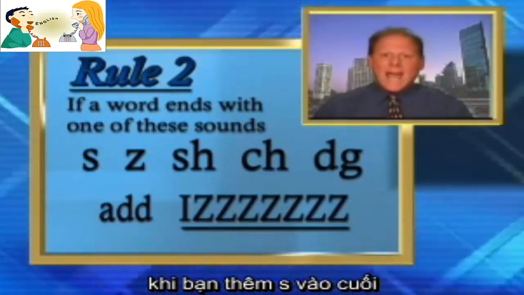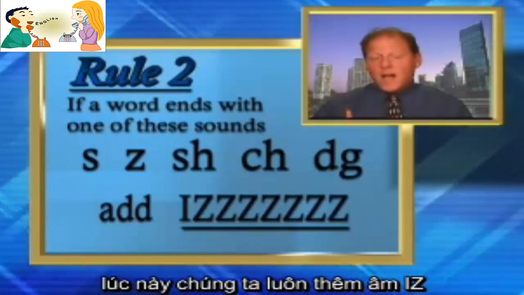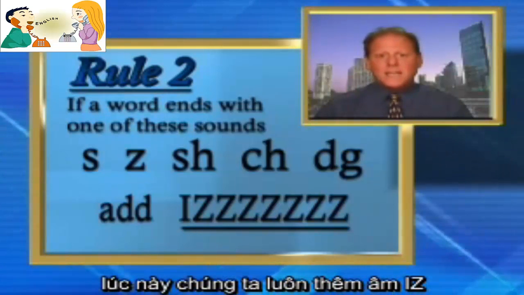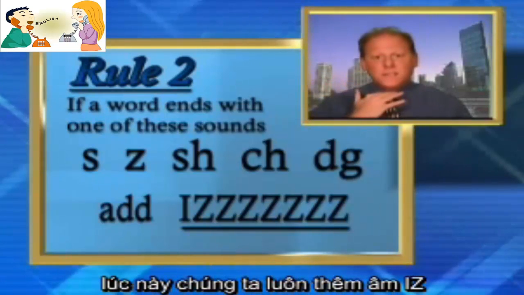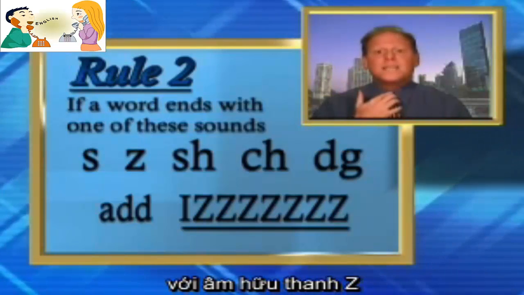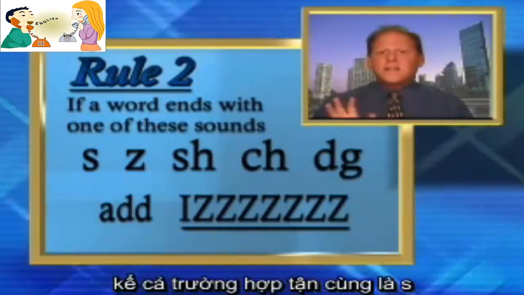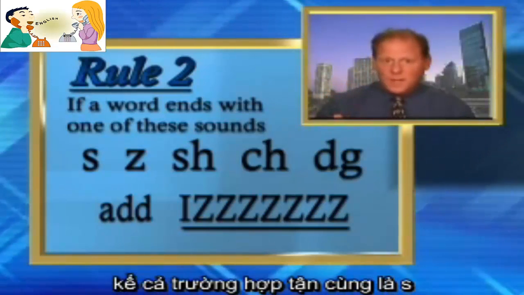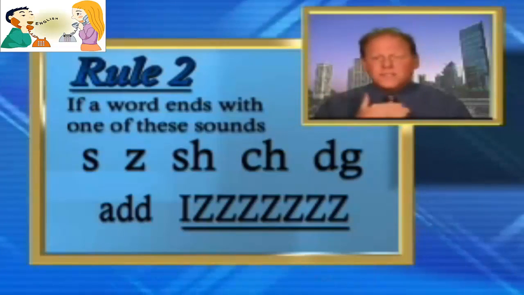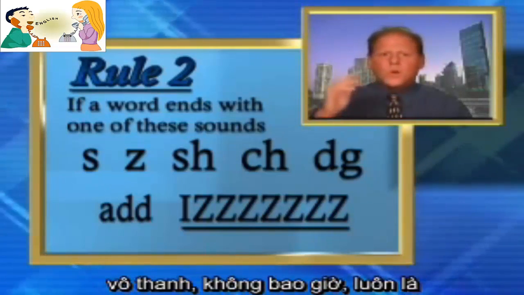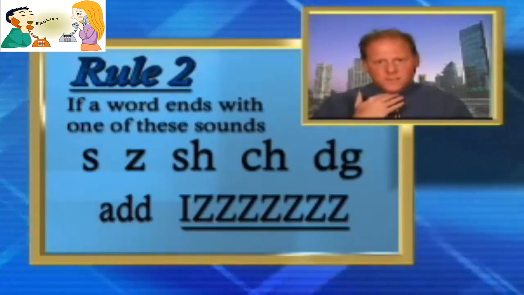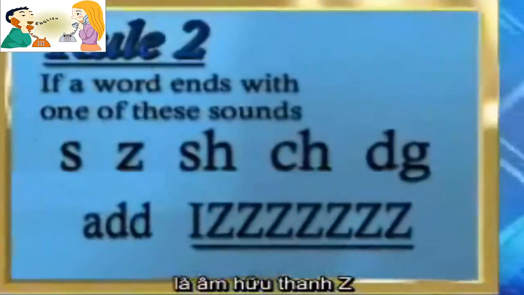When you add an S ending, this time we always add the ending is with a voiced Z. It doesn't matter that it's spelled with an S, it's never is, unvoiced, never. It's always is with a voiced Z.